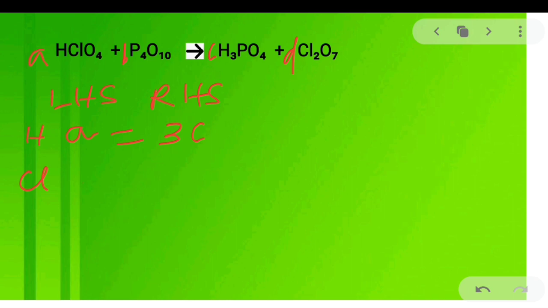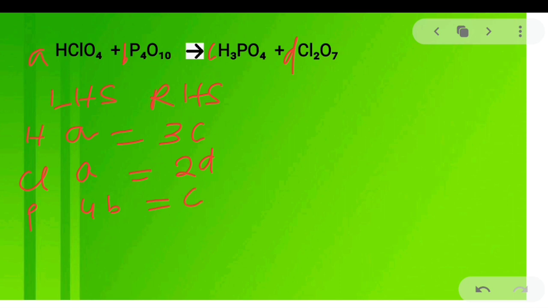For chlorine, A is equal to 2D. This is the second expression we got. Now, see the phosphorus. For phosphorus, it is 4B, and 4B is equal to C. Clear?